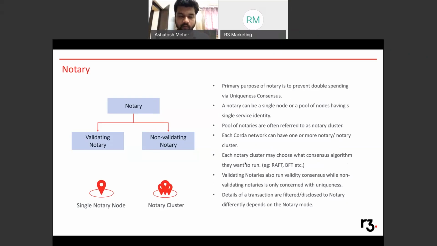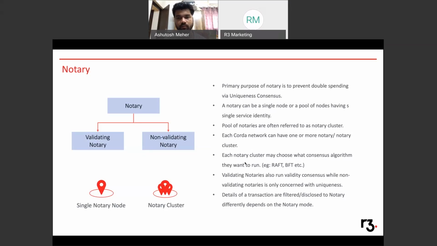A non-validating notary will not validate the business rules of the transaction, which means it will not run the business rules, and it will not peek into the content of the transaction to see what's there. It will just look at the structure of the transaction from a very high level, and make sure that it's not a case of double spend. How it does that is beyond the scope of this session today.